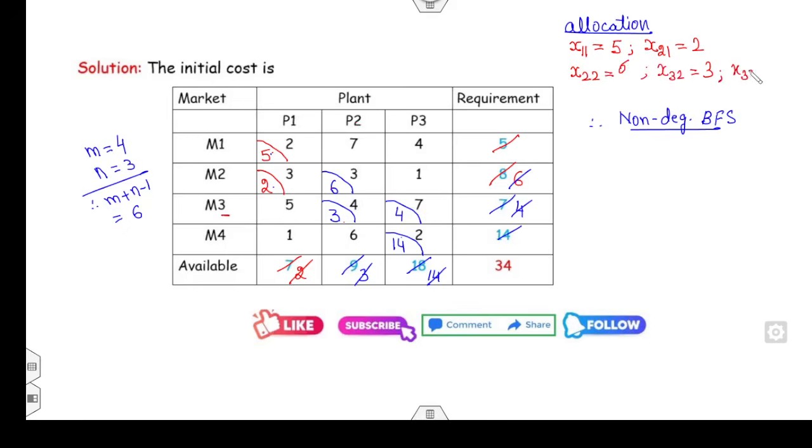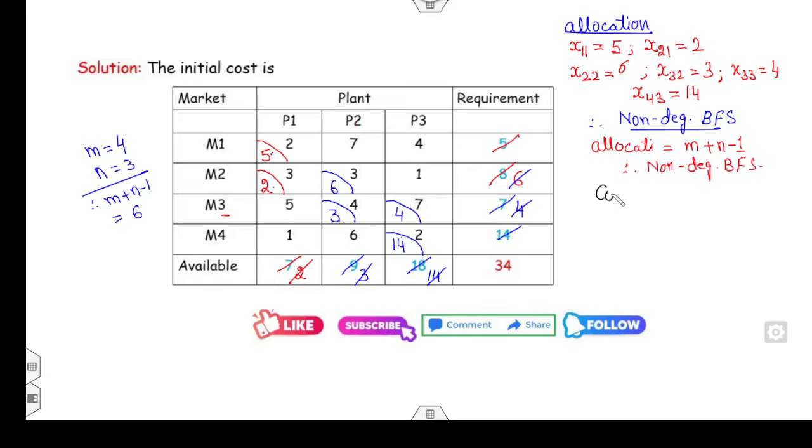And X33 is my 4. And the last number is X43 is equal to 14. Now since the allocations which is equal to M plus N minus 1, therefore the allocation we have obtained are non-degenerate BFS.